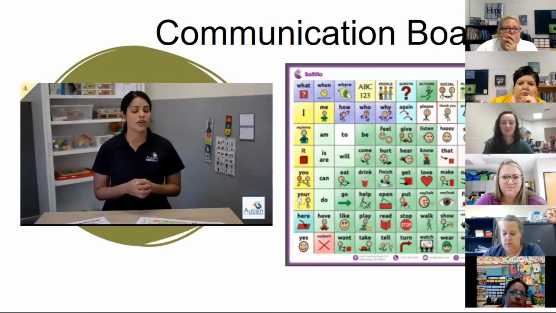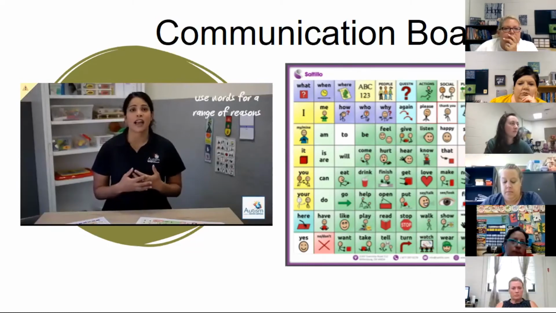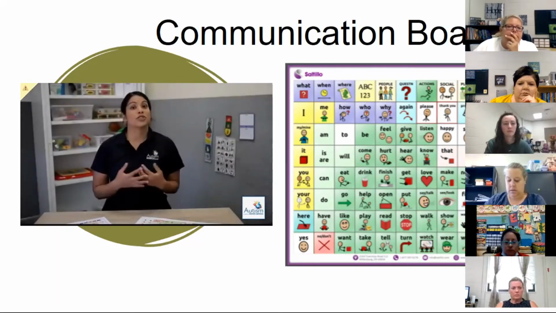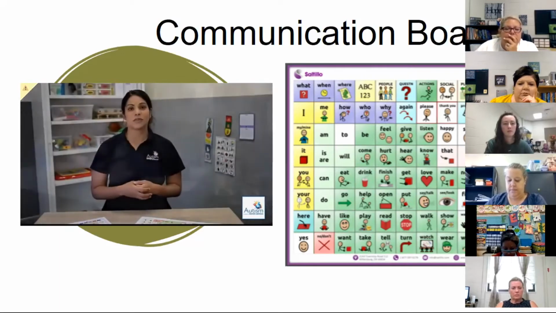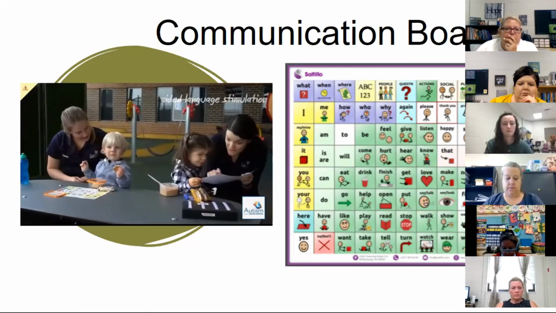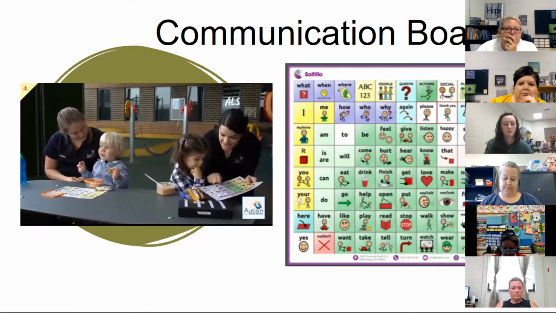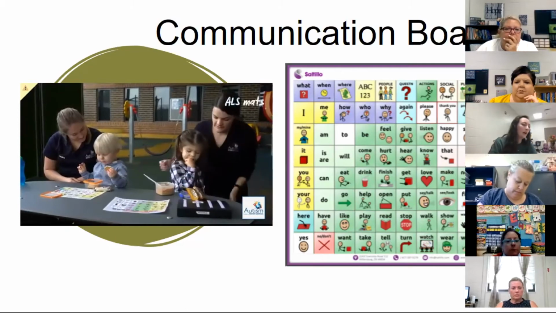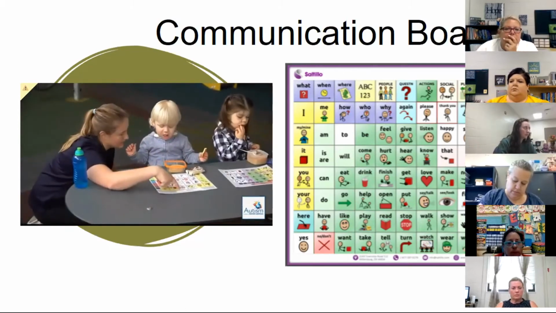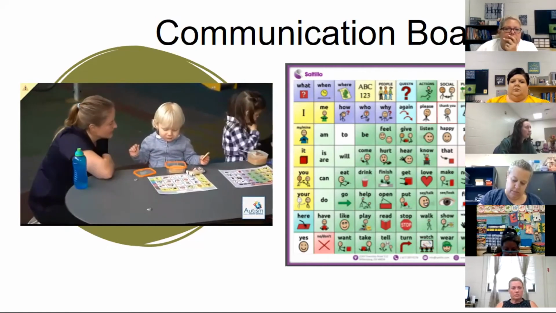And it can also show a person how to use new words to communicate for a range of different reasons, like to ask questions, to comment, or to ask for things. Children require support to learn how to use a communication board, and we use a strategy called aided language stimulation. So often we might call our communication boards ALS MATS, standing for Aided Language Stimulation MATS. You can learn more about aided language stimulation by having a look at our video in this series.